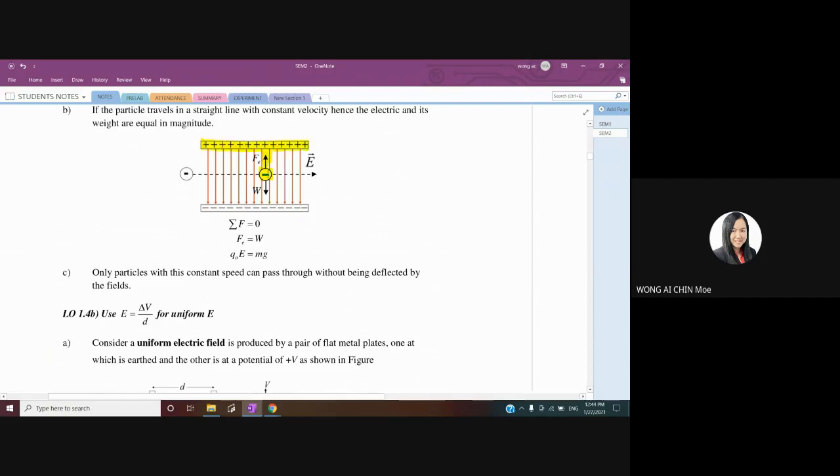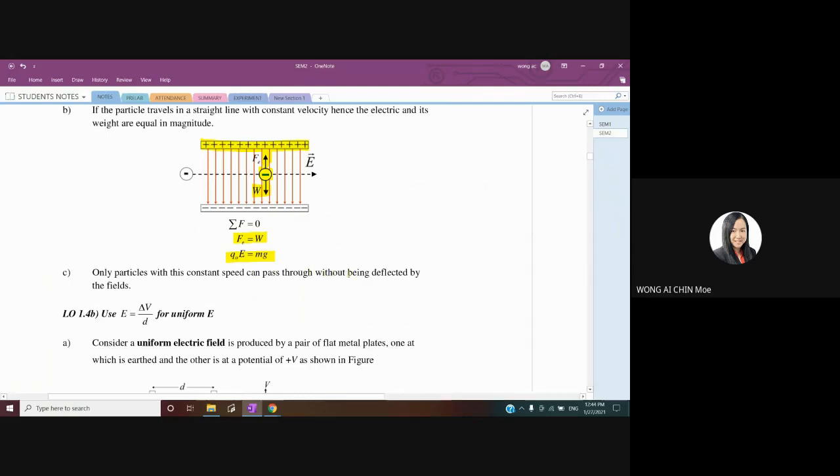But at the same time, if the question gives you the weight of the charge, you need to consider the weight is acting downward. Therefore, our force acting upward will equal the force acting downward. So this is EQ equals mg. Only a particle with this constant speed can pass through without being deflected.